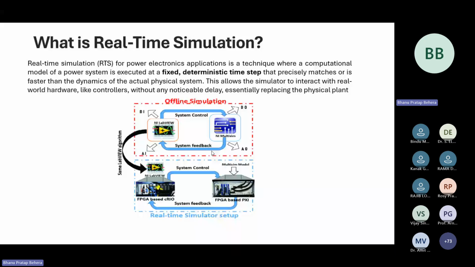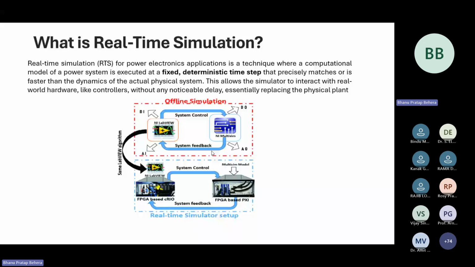So in this way, we will see that if you are running through a real-time simulator, then your simulation clock will be matched with your exact time step given on the simulation. This type of simulation will be your real-time simulation, and that is not only on the software.